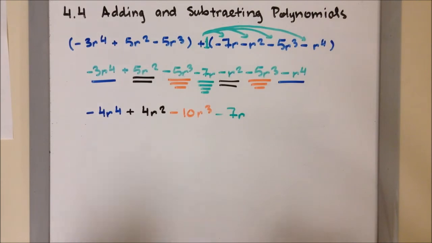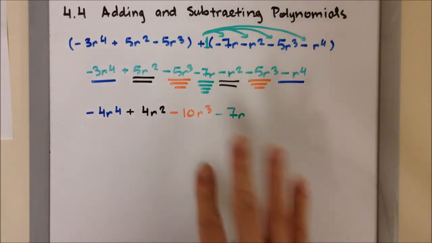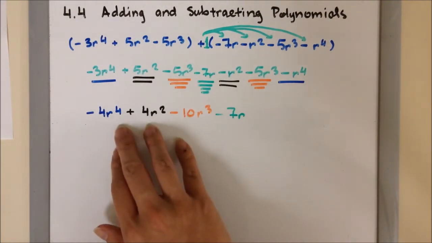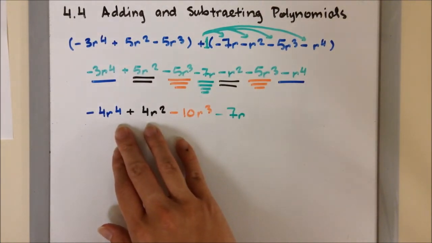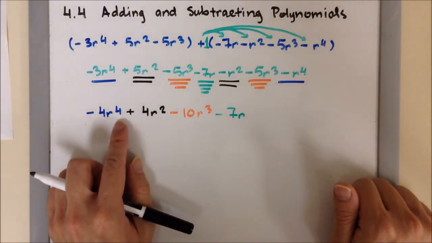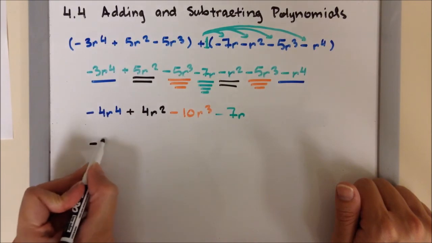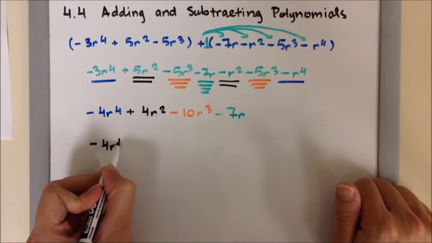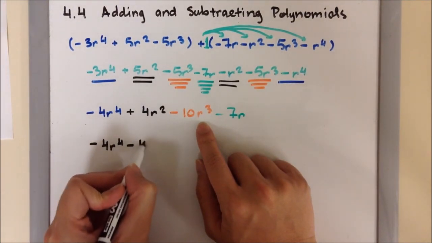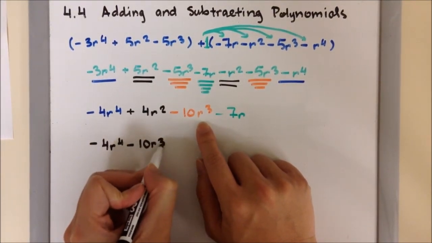Alright, so I finished combining like terms. Once I finish, you check if your numbers and your variables with the exponents are in order. In this case, they are not yet. So we're going to start with the highest, which is the fourth: negative 4r to the fourth. Then the second highest is r to the third, so minus 10r to the third.